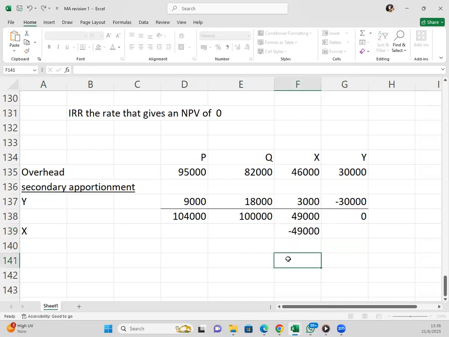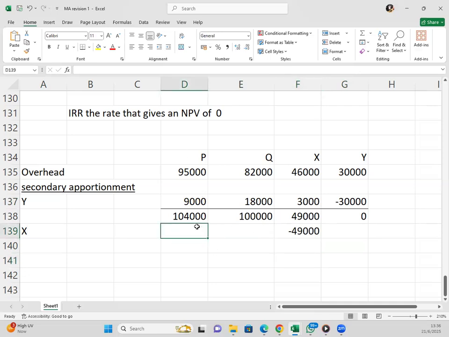We are sharing the 49,000 over the production departments. We were told that service department X was providing 50% of the services to these departments, so you multiply by 50%, that's half.